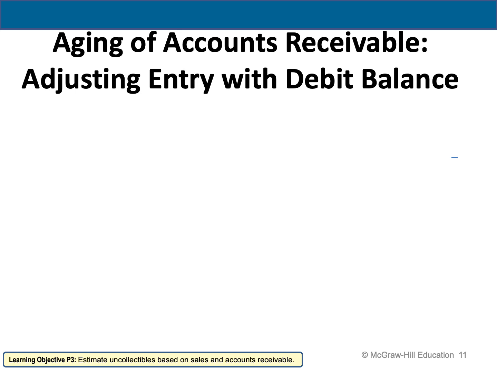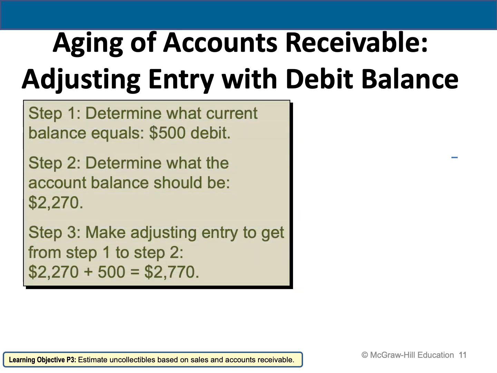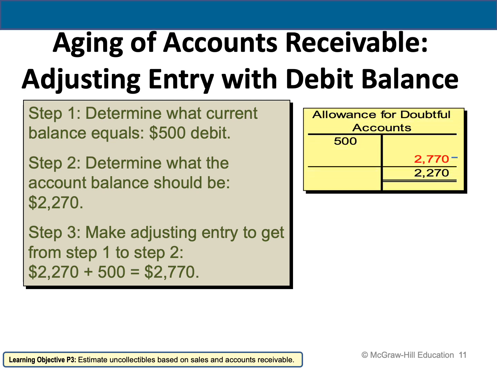Again here, we're going to talk about the aging of accounts receivable. They're going to provide me here with an example, and this will be given in the question as well. And I'm going to prepare here the T account. They told me that the allowance for doubtful accounts previous balance was 500 on the debit side. That's why I'm going to record here 500 on the debit side.